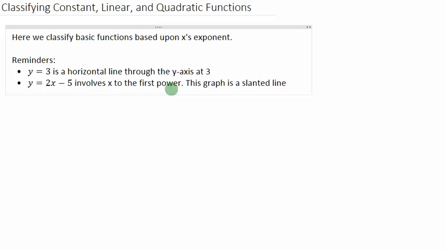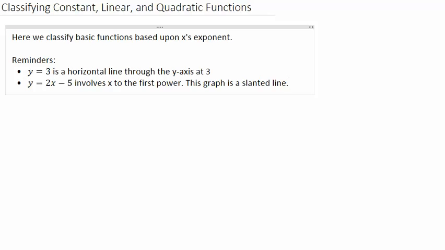It has a slope. You may recognize this as y equals mx plus b, meaning that the slope is 2, or 2 over 1 if you want rise over run, and the y-intercept is the ordered pair (0, negative 5) from this b value. But really, it's a slanted line because x is raised to the first power.